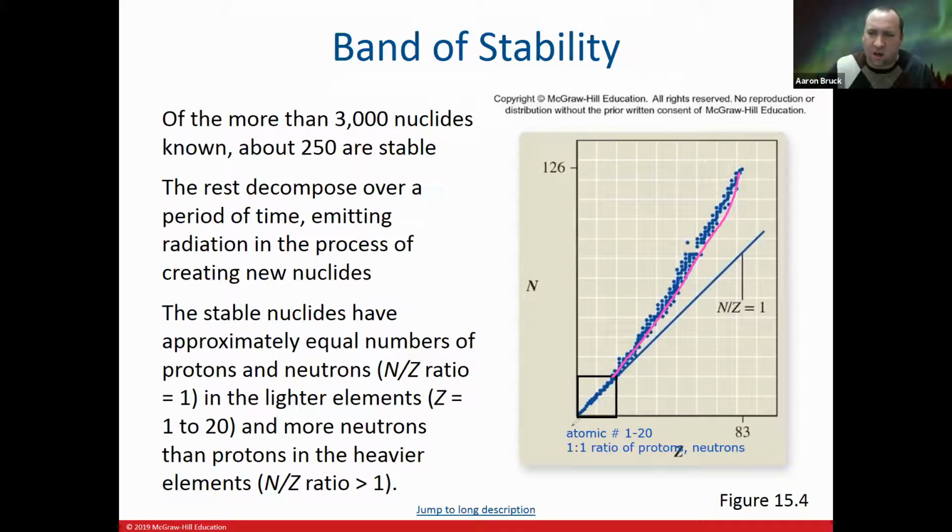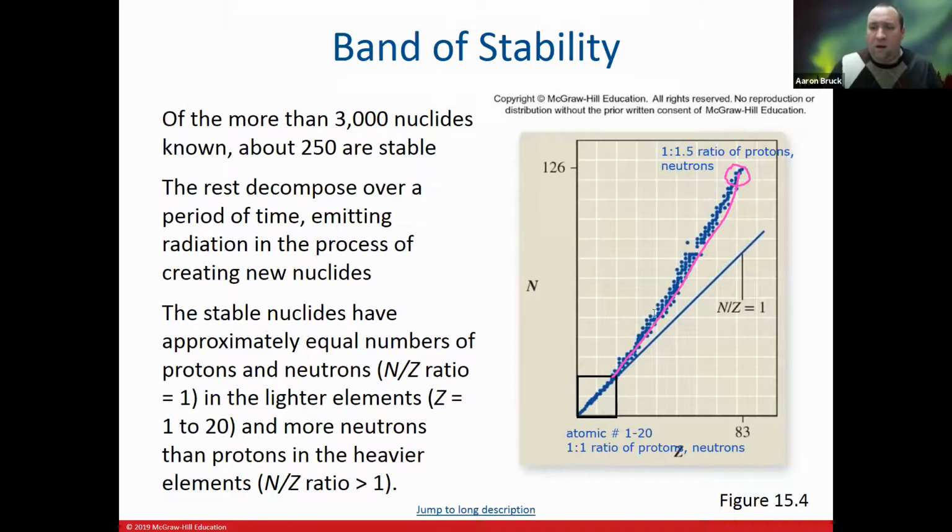We can see that over time, this is going to curve up until we get to a spot right around here where we're talking about 1.5 neutrons up here at the top.